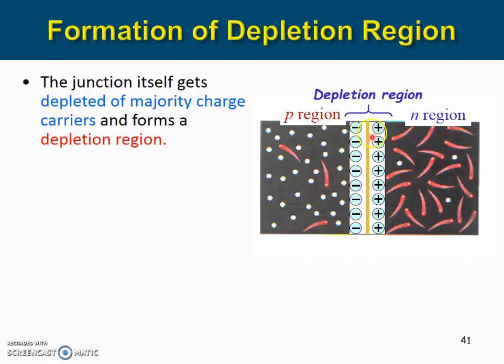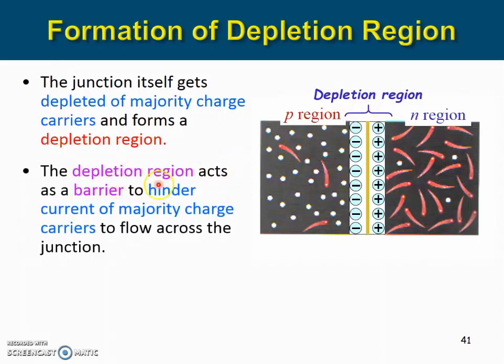On the other hand, in this layer of positive charges, there are no electrons because they diffused to the p region. On the whole, this whole region has no majority charge carrier, so we call it a depletion region. It means depletion of the majority charge carrier.